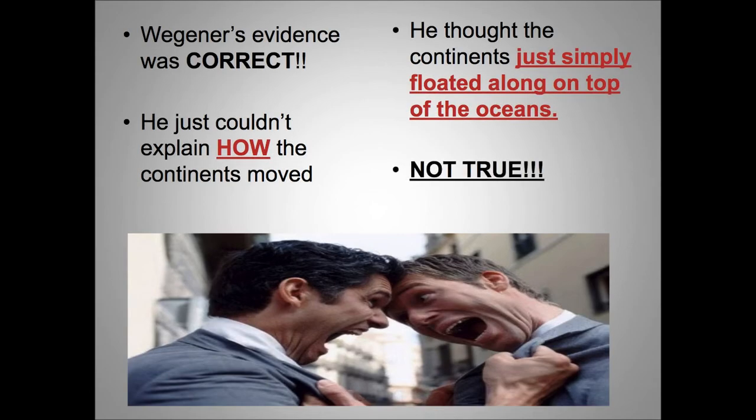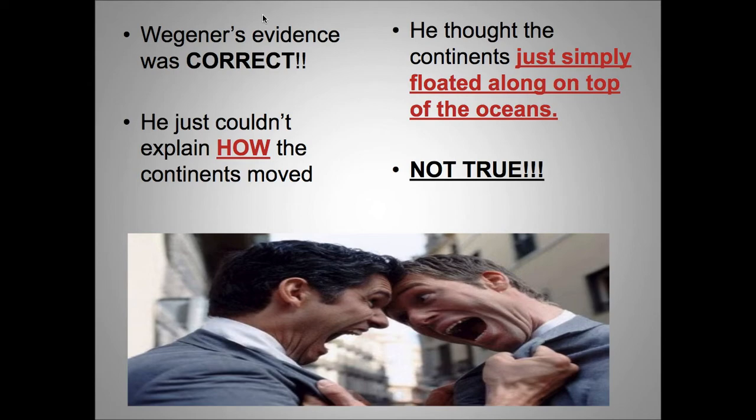So Wegener was under the impression, he was like, maybe the continents just float on water. Like we're big like sponges floating in the middle of the oceans and they just kind of move around. So he was like, maybe you could like swim under them hypothetically, which is not true. Like you definitely can't do that. But his evidence that showed Pangaea was correct.